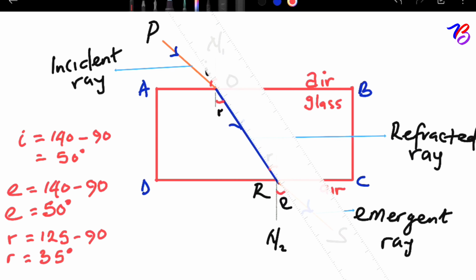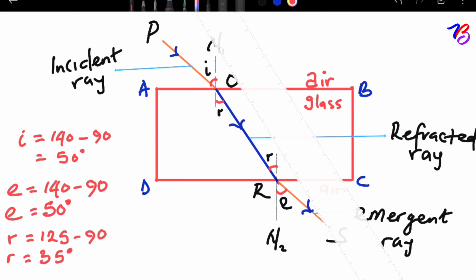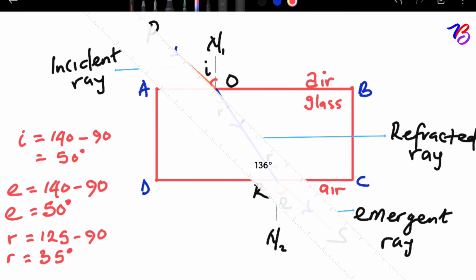Are we here? So you can use your protractor to measure all this if this were to be your practical class. Are we together? So with this, we have our triune angles. Our triune angles have been gotten. The I, the E, the R. The I is the angle of incidence. The E is the angle of emergence. And then the R is the angle of refraction.